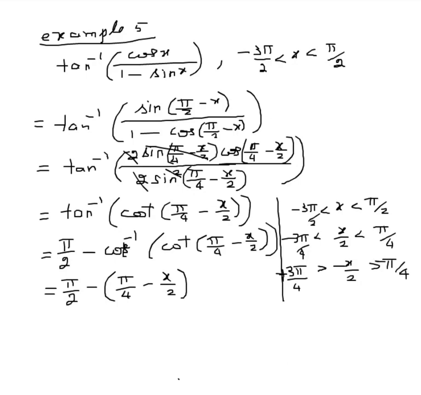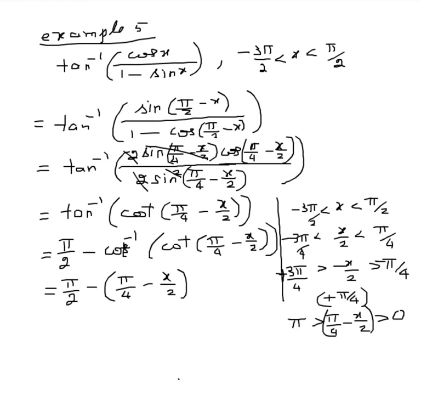Then add pi by 4 throughout. 3 pi by 4 plus pi by 4 becomes 4 pi by 4, which is pi, then pi by 4 minus x by 2, and minus pi by 4 plus pi by 4 gives us 0.